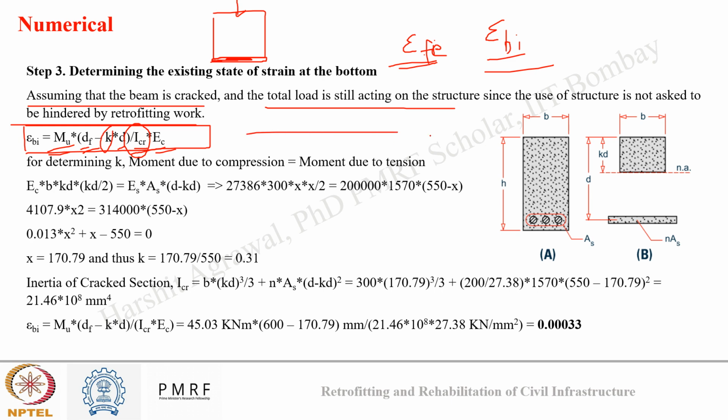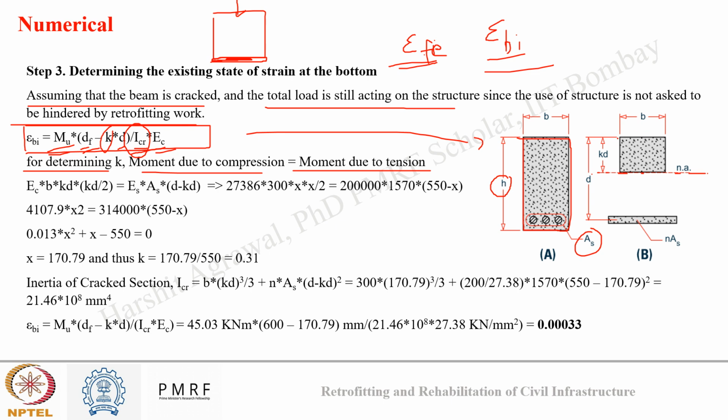You can see in this figure, this is my beam. It has a width b and effective depth d, and the area of steel reinforcement I know. For determining k, the moment due to compression will be equal to the moment due to tension about a particular axis. Suppose along the neutral axis I am calculating the moment.